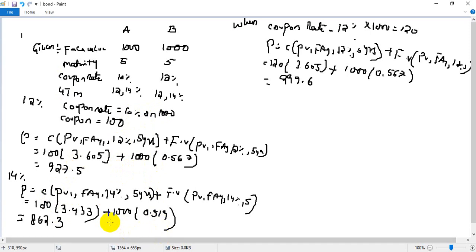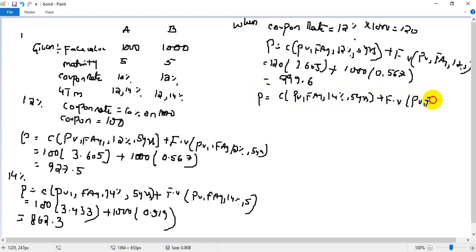YTM has been given 12 and 14%. So now when the coupon rate is 12, your coupon amount will be 120 and your table values will be similar. In the same manner you need to calculate C into PVIFA. Then you take 14%.